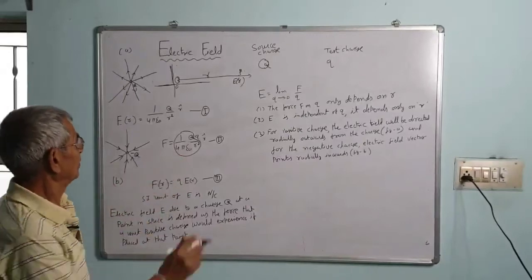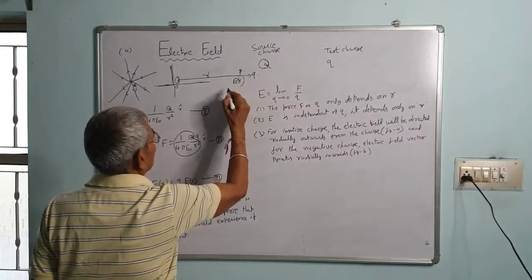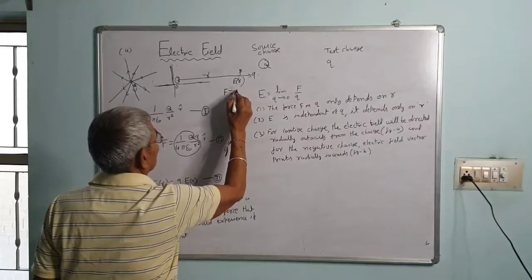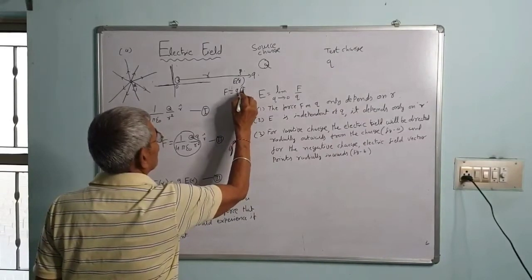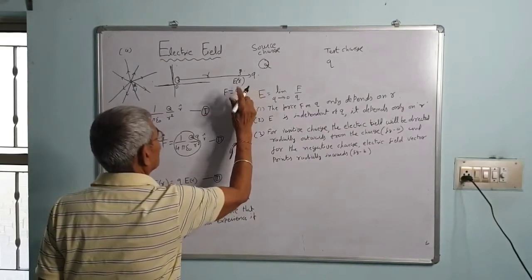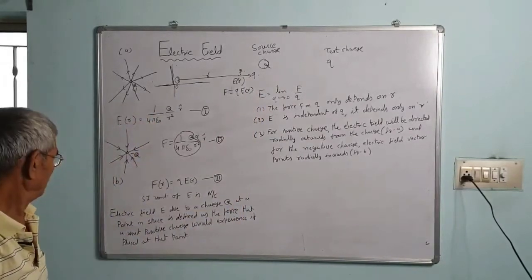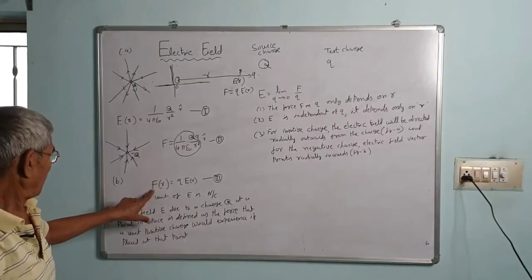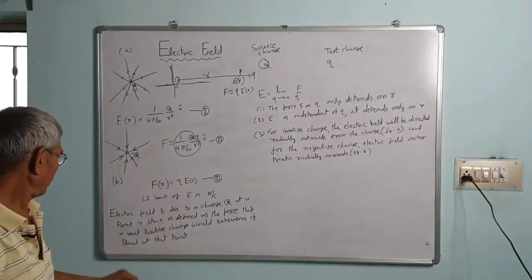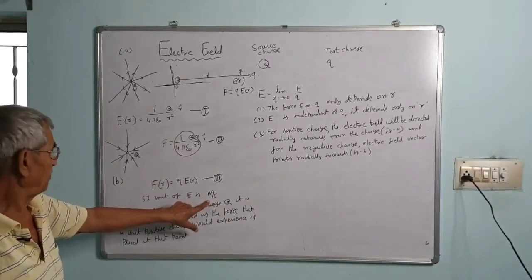The force on a charge q at r is equal to q times the electric field at r, at this point. The SI unit of E is Newton per Coulomb.